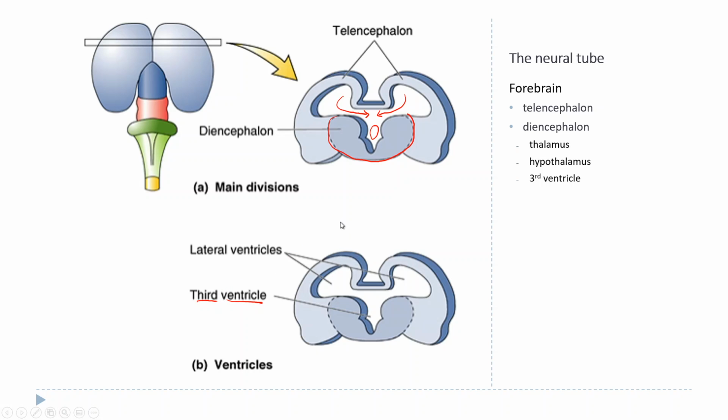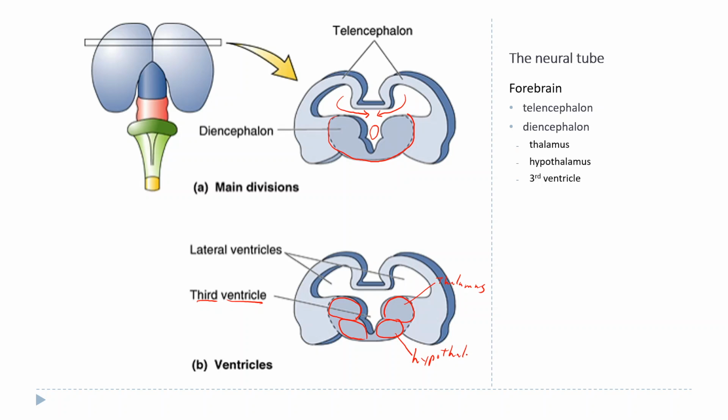But the area surrounding the third ventricle, these structures here and here, form important parts of the brain. So this region on top, there's two halves to it, is eventually going to become the thalamus. And then the region below, down here, actually both of these together, will form the hypothalamus.